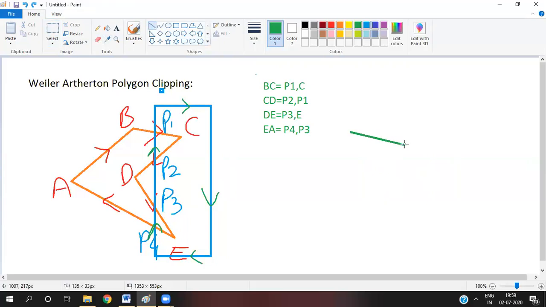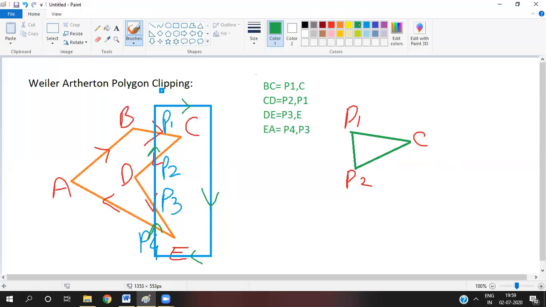So P1 C, fine. Then C to P2, right? And P2 to P1, fine. So here it is. I will name it P1, C, P2, P1. Okay, and another half is remaining over here.